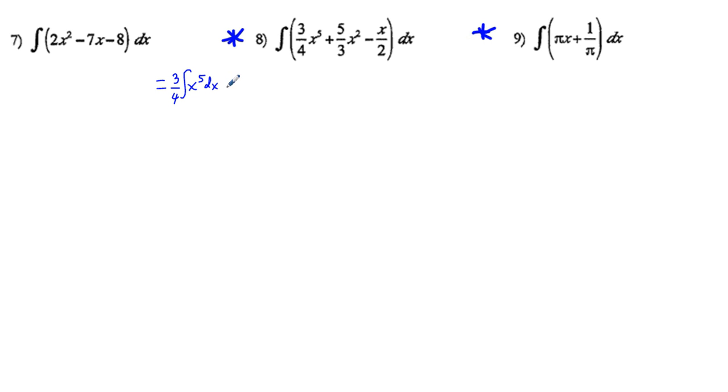And next, plus, we're going to take the 5/3 out of the integral there. We have x squared, and then finally minus, I'm going to take this 1/2 outside, 1/2 integral of x.